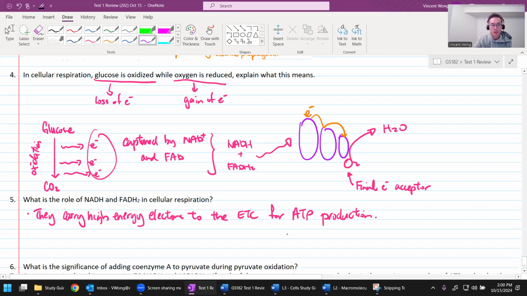Okay, and just to remind you, this method of producing ATP at the ETC is called oxidative phosphorylation. It's the common way of making ATP, right? 90% of the ATPs are created this way.